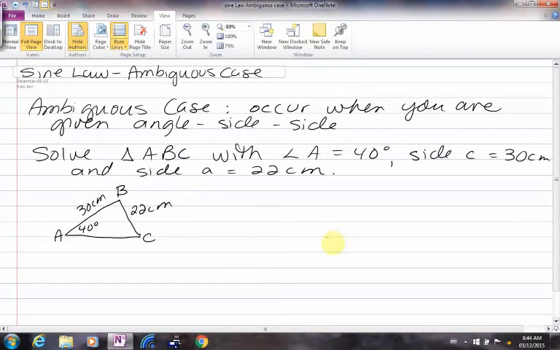However, there's no reason why I couldn't take the same measurements and draw my triangle this way. Is there? So, because there's two possible ways to draw this triangle, we call this the ambiguous case.